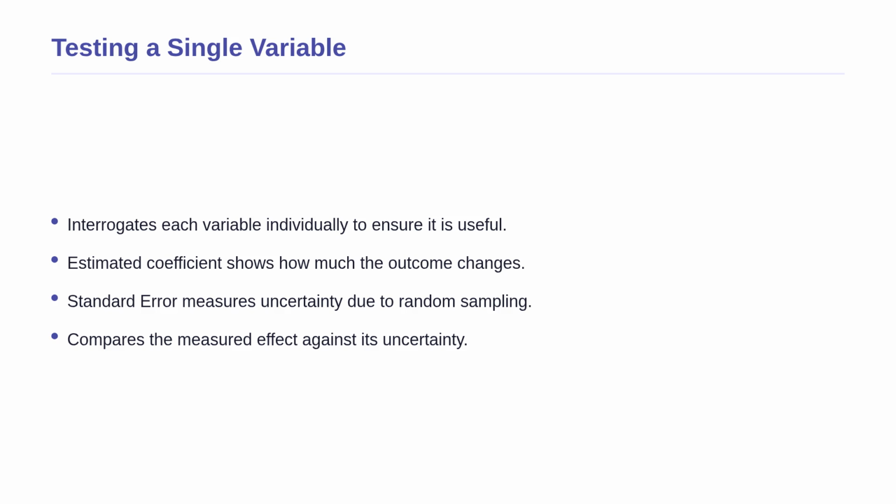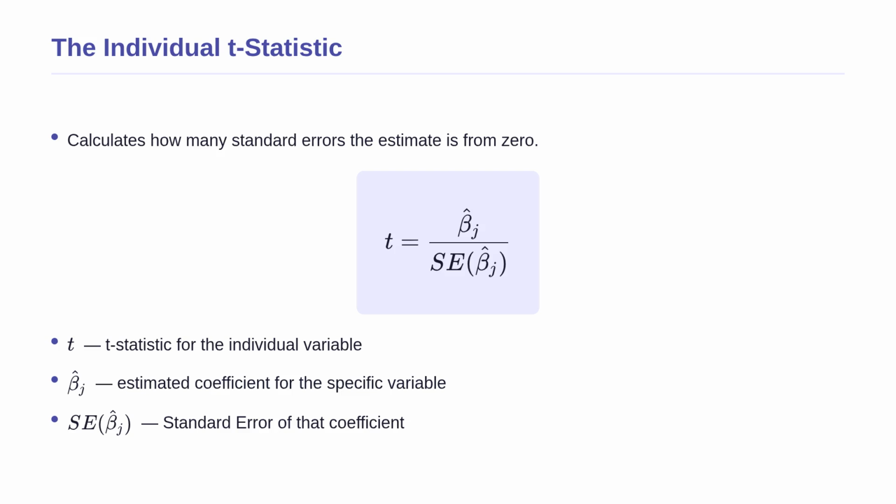We then compare this coefficient to its standard error. The standard error is the average amount we expect our estimate to bounce around, just due to random bad luck in our sampling. If the coefficient is much larger than its standard error, we can be confident the effect is real. To formalize this comparison, we use the individual t-test formula.